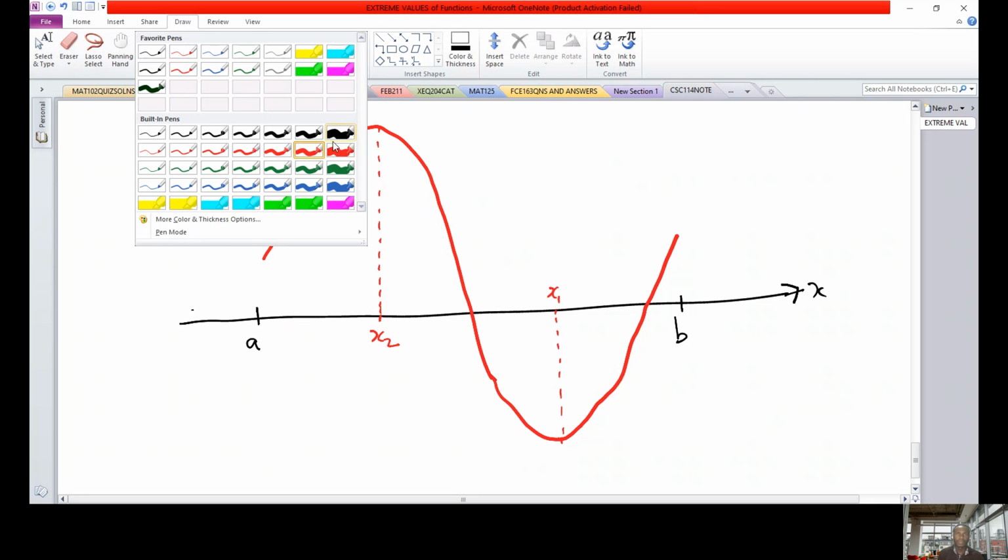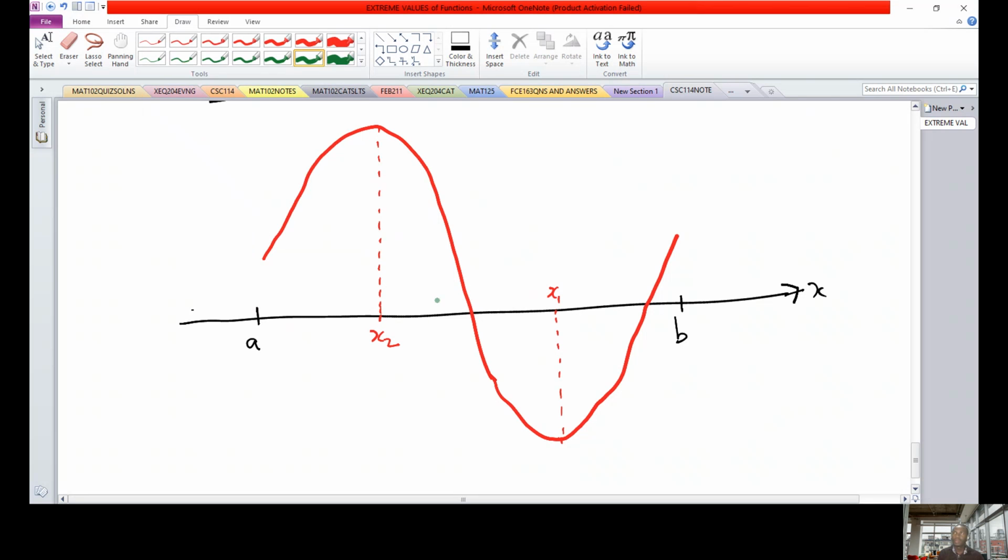So therefore, this is the point x2 comma M, and this is the point x1 comma small m, and then this is the graph y equals f of x.